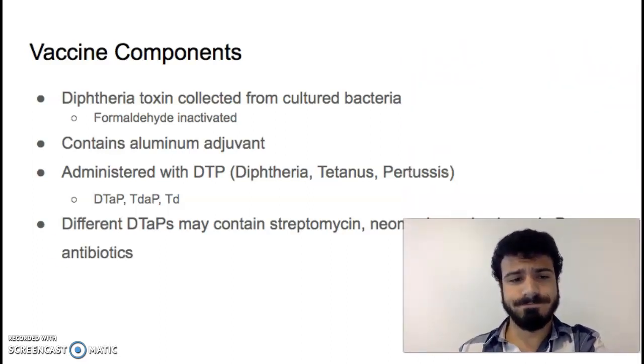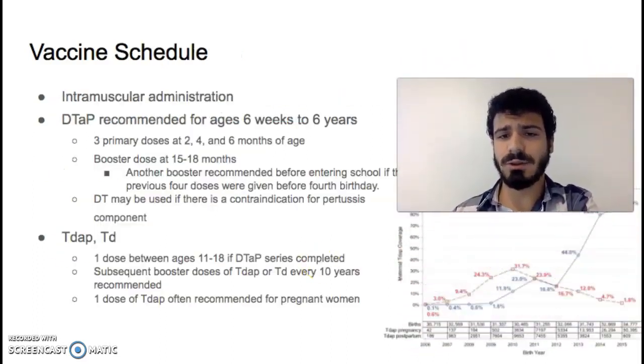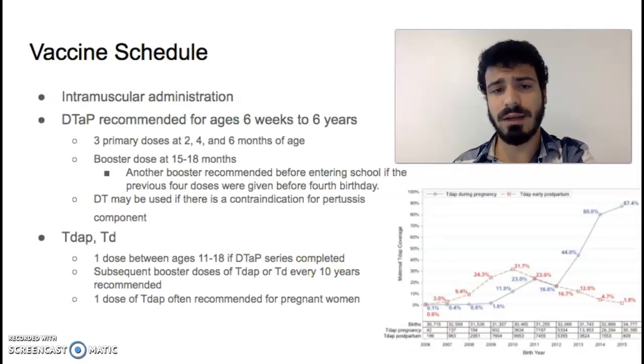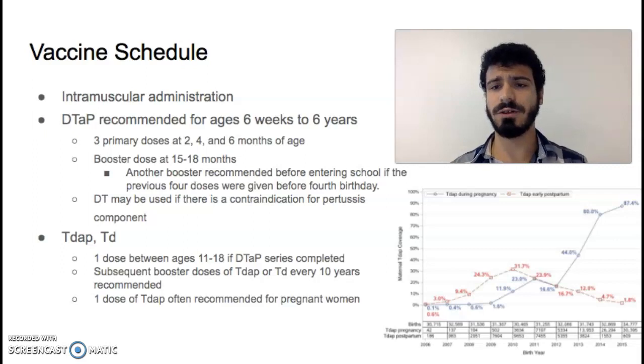So as far as the vaccine schedule is concerned, it's administered IM, and the first doses are recommended during infancy, and for infancy and childhood, it's supposed to be the DTaP that is used.